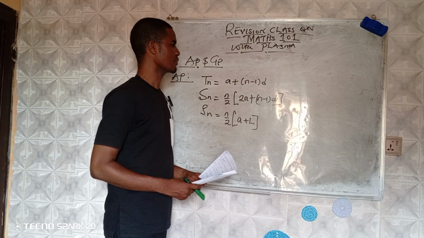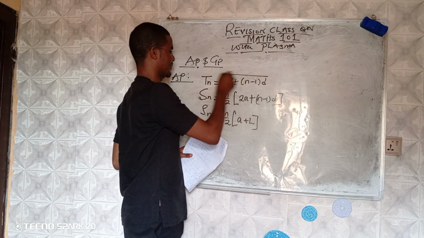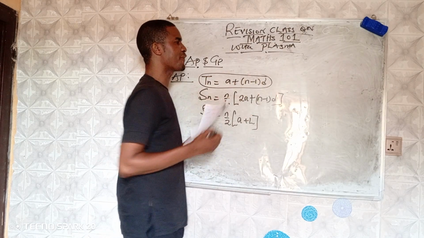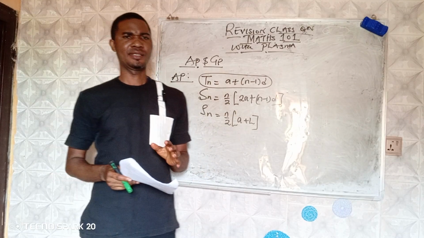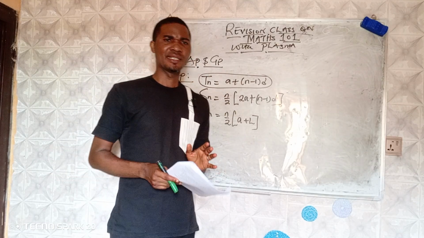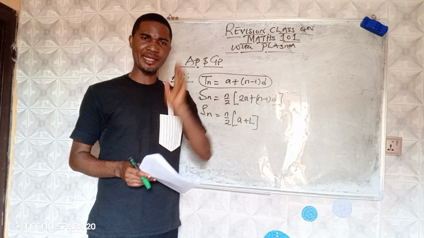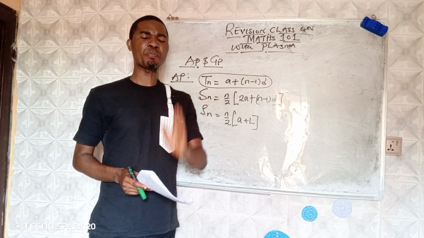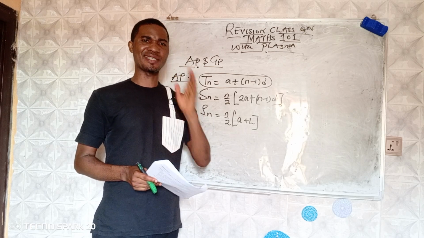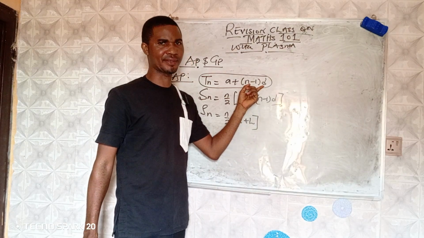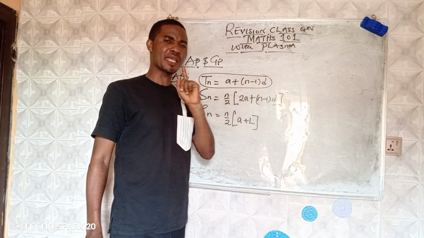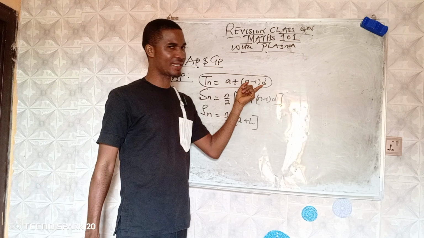Now, looking at this, if a given series is said to be an AP, the unique property of that sequence or series is that it will have a common difference. If it doesn't have a common difference, then it's not an AP.